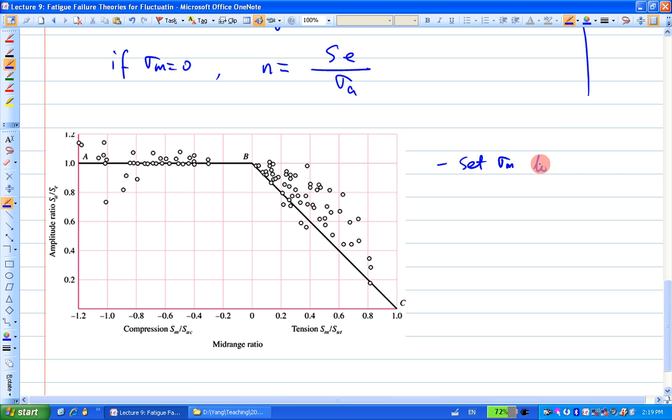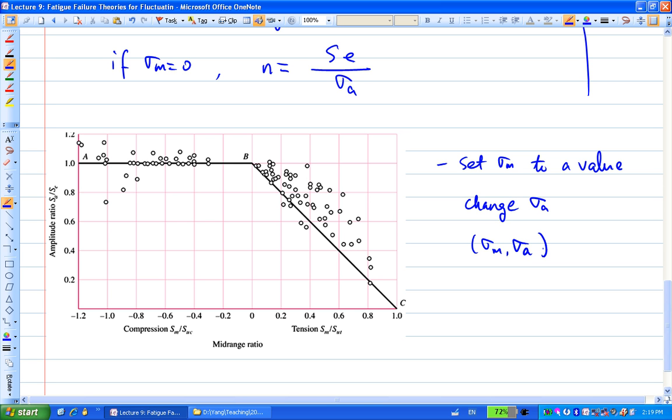You set your sigma m to a value, then you change the amplitude sigma a. Okay, yeah. Then you subject, right? For example, you have a pair of sigma m and sigma a now, right? Okay.